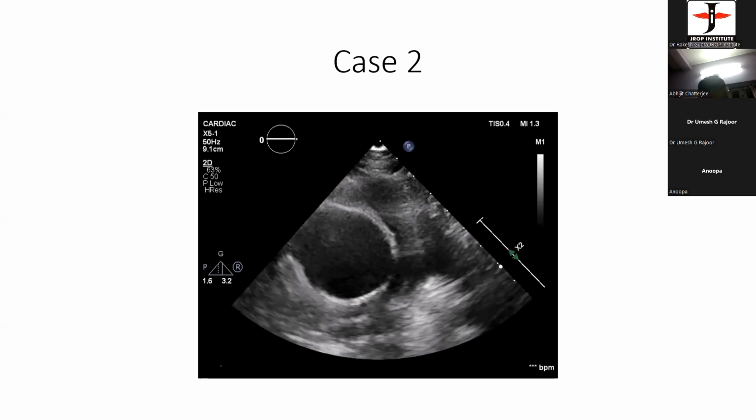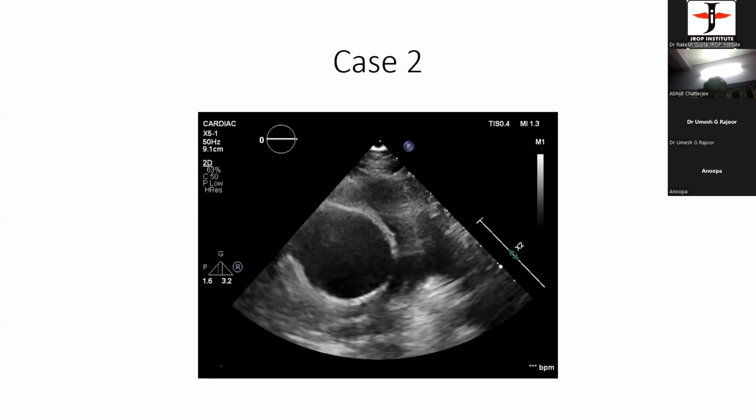Tell me some causes of tricuspid regurgitation. Rheumatic heart disease can give rise to tricuspid regurgitation. Then usually most of them will be functional, sir. Functional TR.